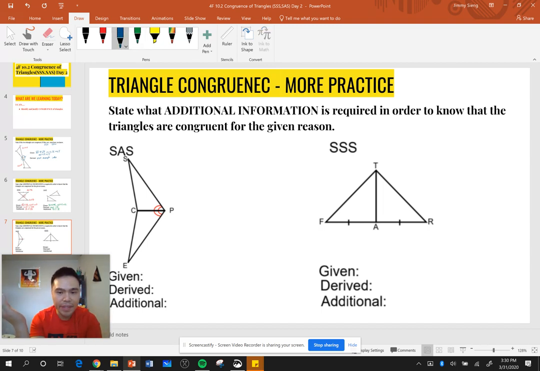So let's look at this. This first one, all I have is one angle that's the same. Everything else I'm not quite sure about, okay? It's not given. I'm trying to prove side angle side here, okay? So if I look at it, I know for sure for these triangles, measure angle P is the same as measure angle P, right?